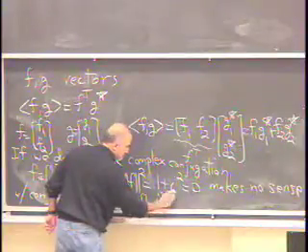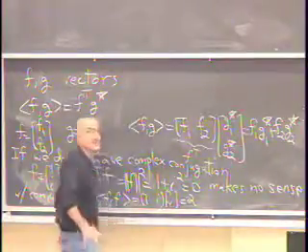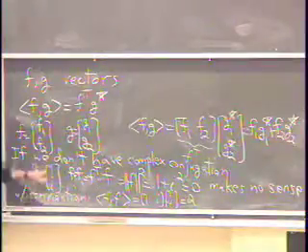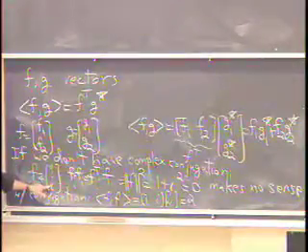Negative i. And what does that give you? 2, which makes sense. Because you can draw this complex number on the complex plane, and you see that the magnitude squared is 2.